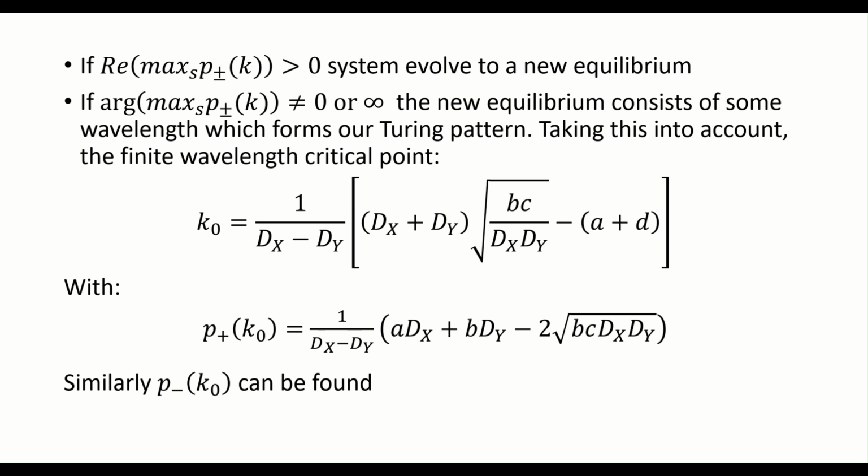We account for that, and then the argument at this critical k should also be not equal to zero, so that the new equilibrium consists of some kind of wavelength that accounts for Turing patterns. Taking both of these into account and putting those into the equation for the roots, we find that this critical wavelength k naught is equal to this big expression, and respectively we can find the roots at k naught itself by putting them into the equation for the roots.